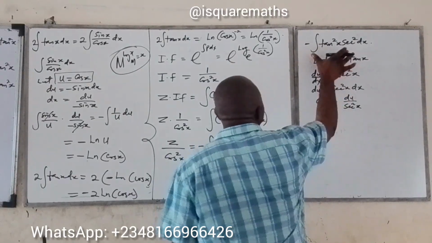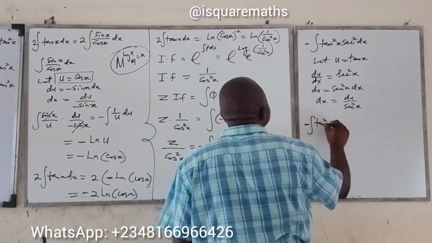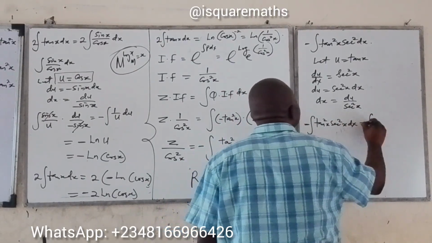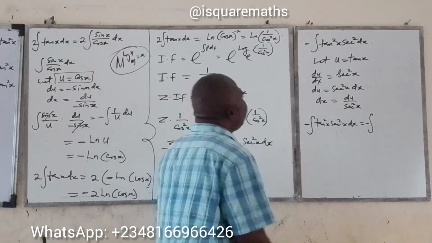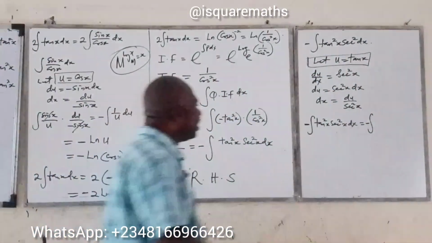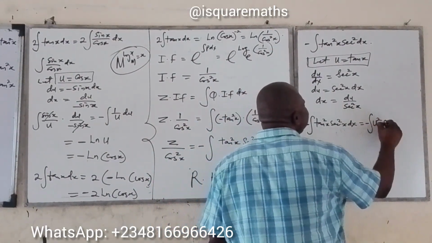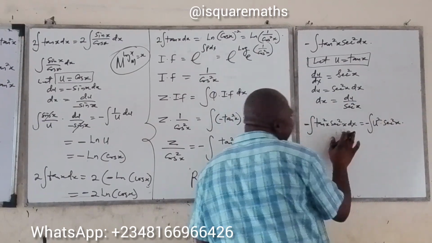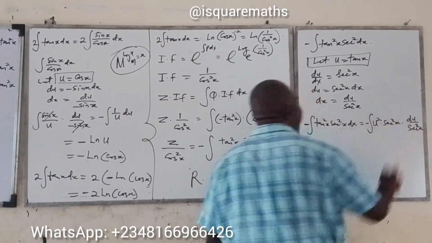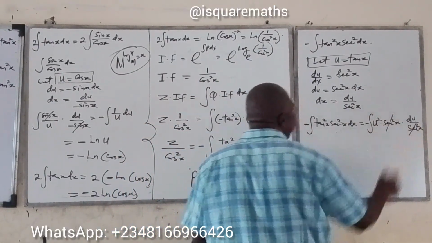So at this point, the whole of this minus integral tan squared x sec squared x dx will be equal to minus integral. Now remember we said let u be equal to tan x. So tan squared x now will be u squared. Then here we have sec squared x, then dx is du all over sec squared x. So this sec squared x will go with this sec squared x.